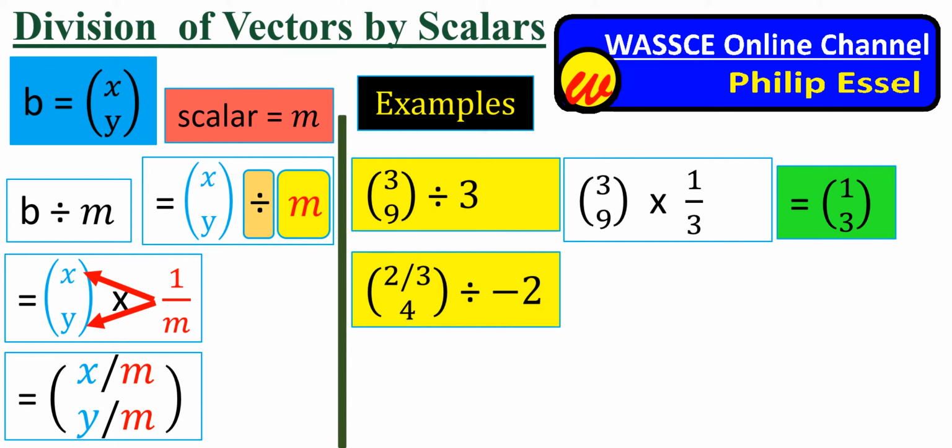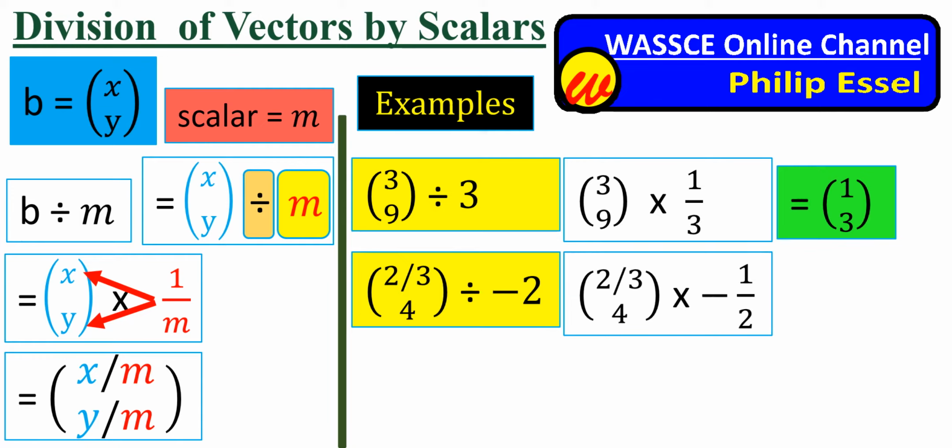Example 2. The vector 2 over 3, 4 is divided by the scalar negative 2. First, we would have to change the division sign to multiplication. Then the negative 2 would have to be converted to its inverse form. The inverse of negative 2 is negative 1 over 2.